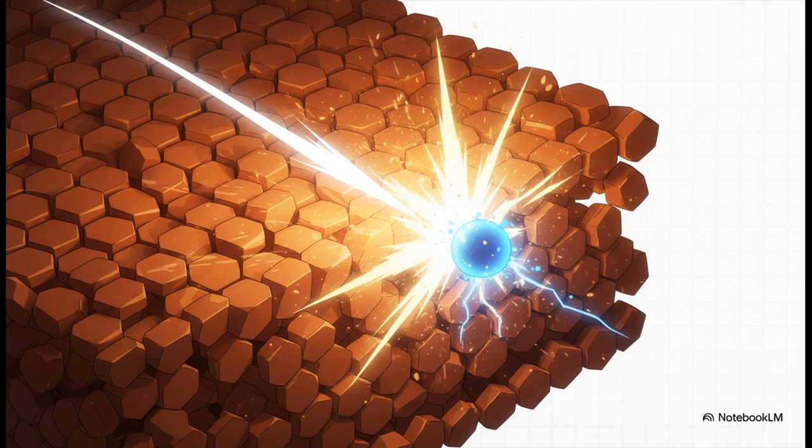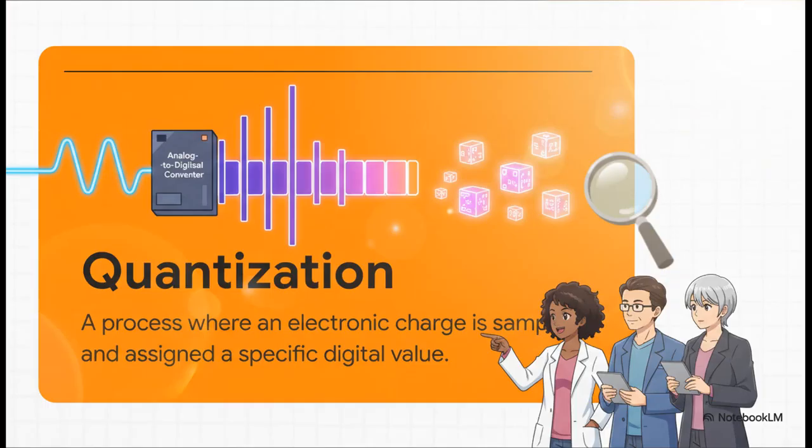Our hero ceases to be a photon and is transformed one last time into a tiny, measurable electronic charge. This tiny electrical charge is then sent to something called an analog-to-digital converter. Think of it like a translator. It takes that physical charge and, through a process called quantization, it measures its exact strength and assigns it a specific number. The physical event has now become digital data.